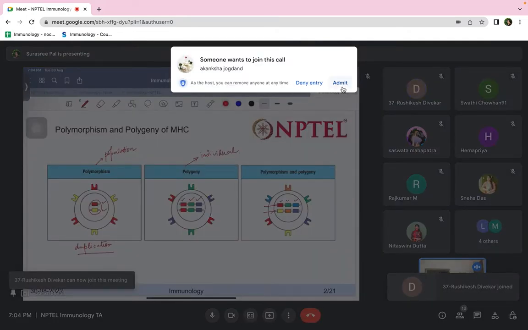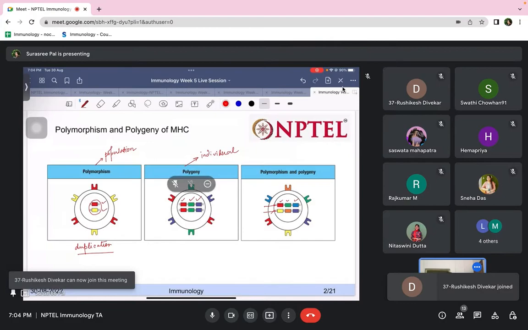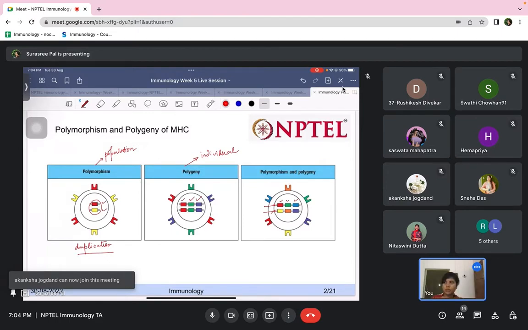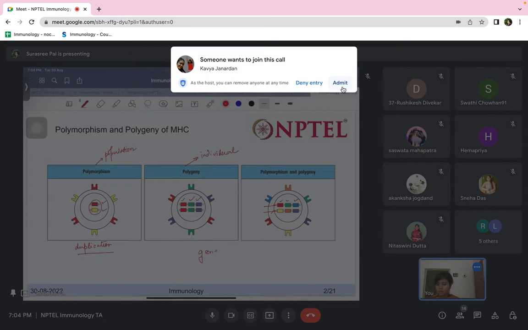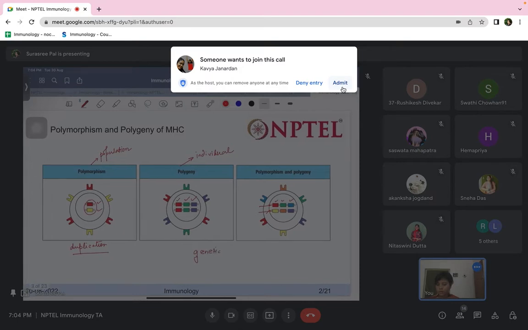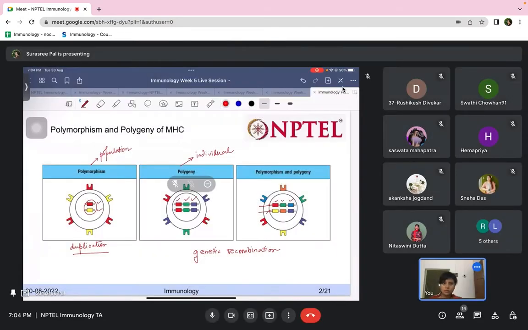Alright, now what is the molecular mechanism behind the diversity of these MHC molecules? One thing you can assume is recombination, genetic recombination, something that we had studied in the case of antibody diversity, right?